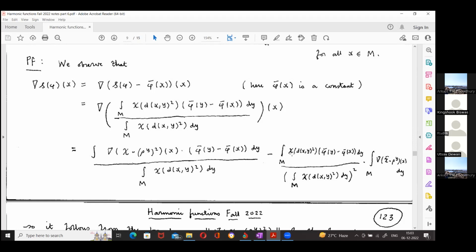And here I'll get minus the integral of chi of dxy squared times phi bar y minus phi bar x, dy, divided by the integral of chi of dxy squared dy, whole squared, times the integral of the gradient of chi composed with rho y squared, dy.